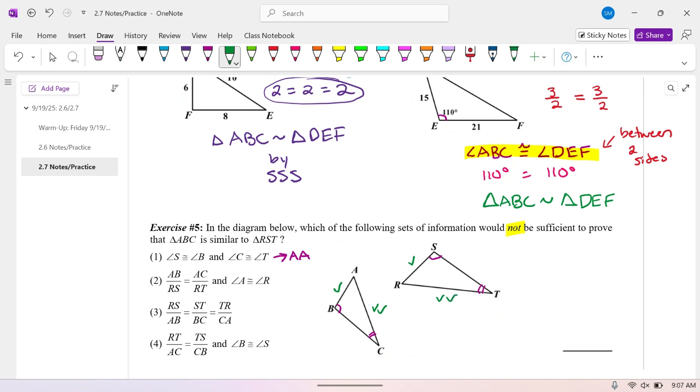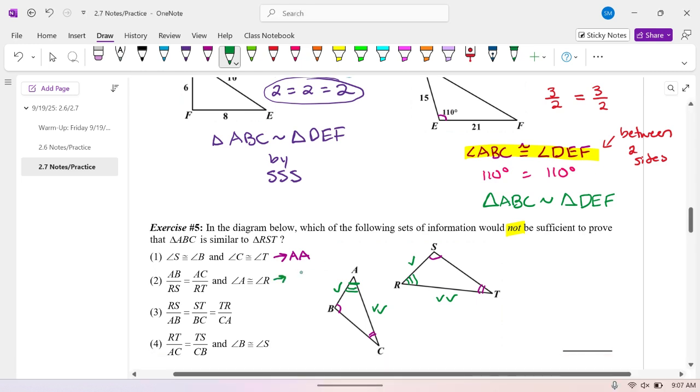Then they also said that angle A is congruent to angle R. So would that make a true statement? Yes, that would make them similar by what postulate? Side angle side.